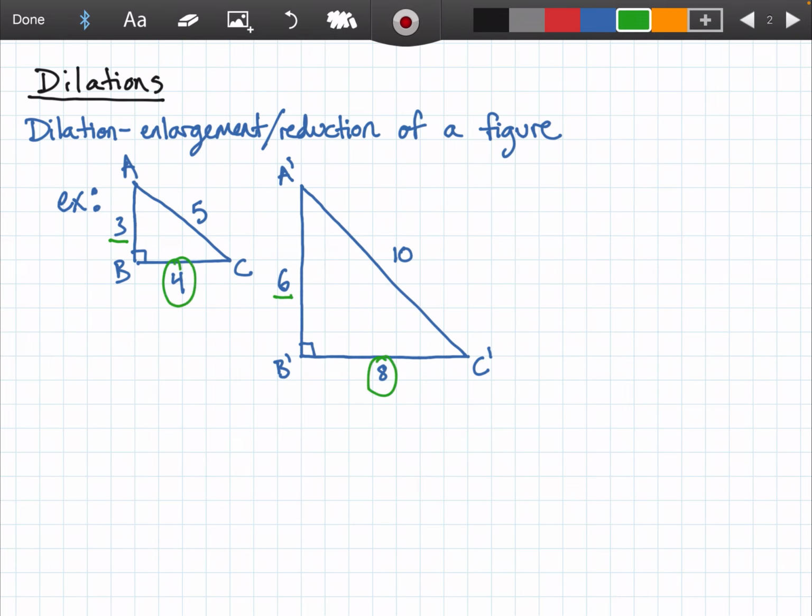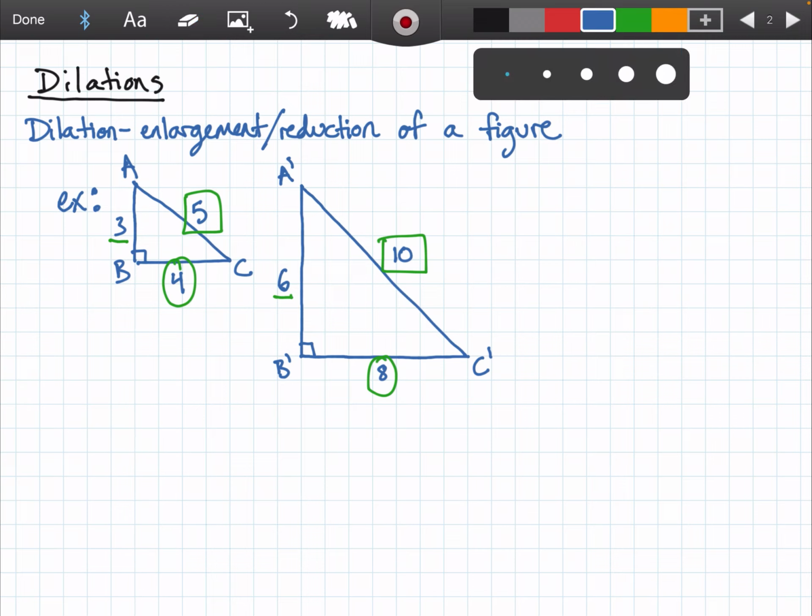From 4 to 8, I multiply by 2. And from 5 to 10, I multiply by 2. So I can tell that this is an enlargement because, one, the shape got bigger, and also all of the side lengths have been multiplied by the same amount. That amount is what we call a scale factor.